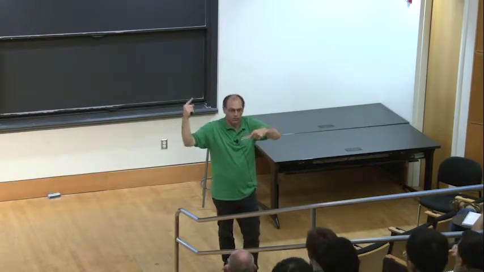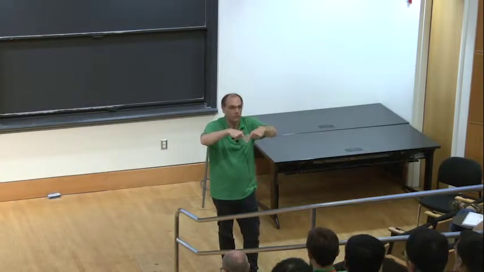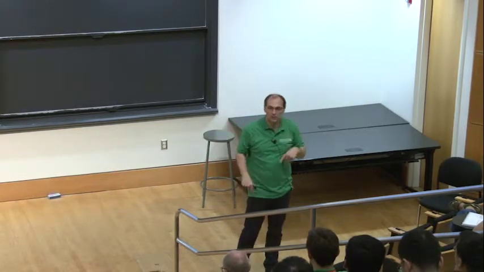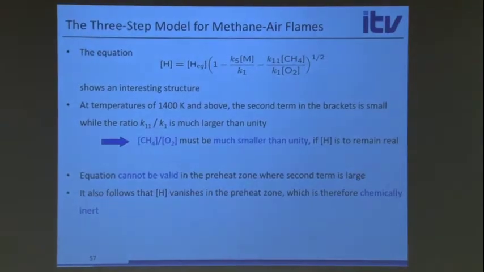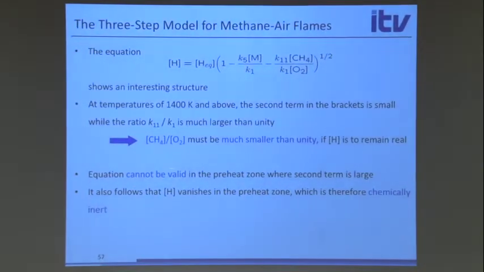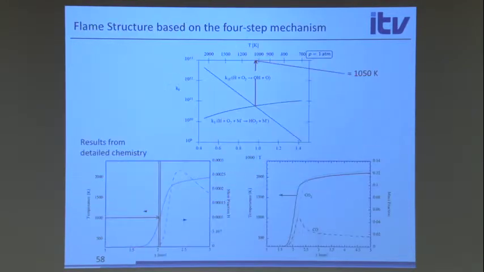It's consumed, because you saw earlier, methane consumes hydrogen radicals. So it's gone. Methane and hydrogen, they cannot coexist at the same time, okay? That's what this tells you. That's interesting, okay? So hydrogen radical cannot exist in the preheat zone. And that's why the preheat zone is chemically inert.